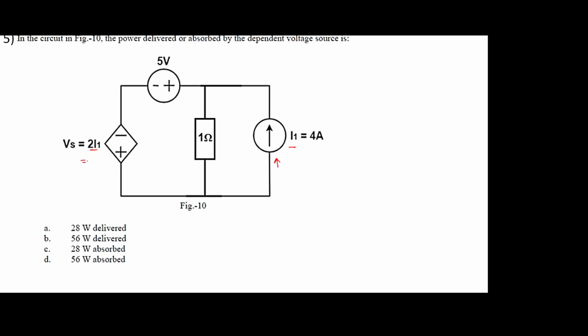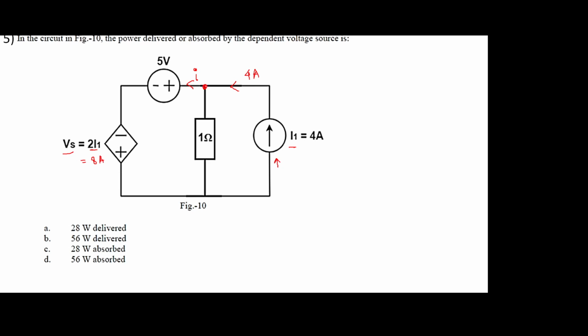So Vs will be equal to 2 into 4, that is 8 volt, right? Now you can apply KCL or KVL in order to compute. For power delivered, what do you need? You already have the voltage, you need to find the current across this loop, right? So 4 ampere current is flowing through this loop, flowing from this branch.